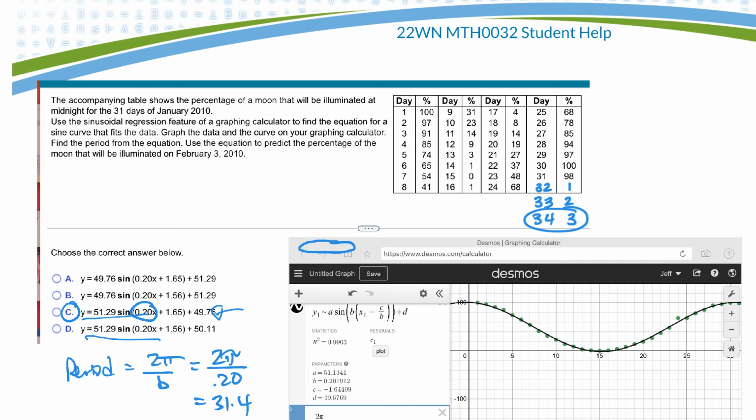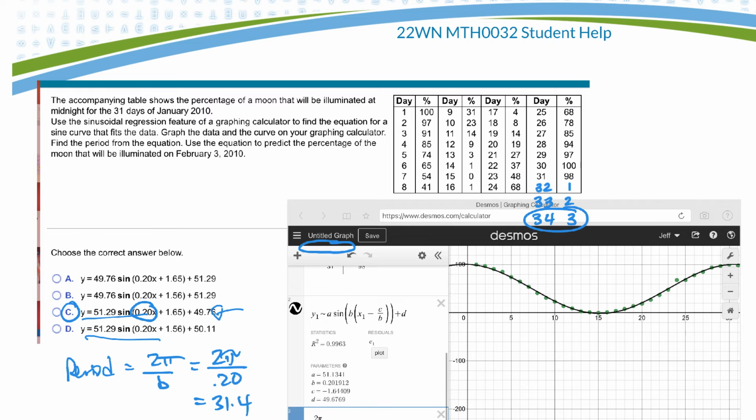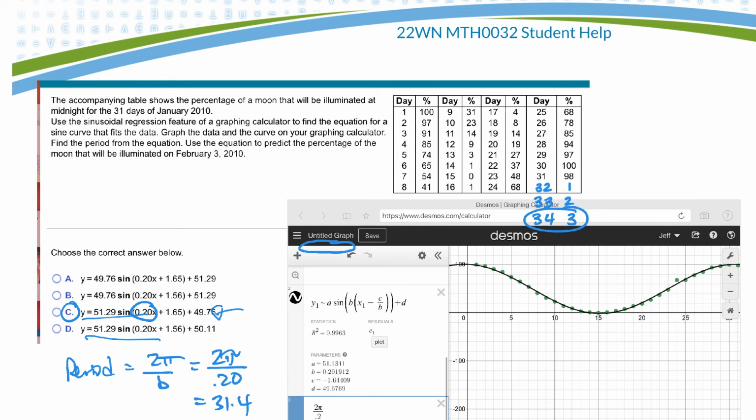So then what I would do is I just plug a 34 into my function that I have right up here. So with all those numbers in there for A, B, C, and D, I'd plug those numbers in here, and then I plug the number 34 in for x. And I could solve that to see what y is equal to.